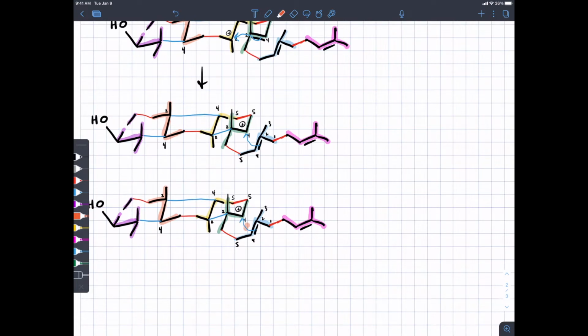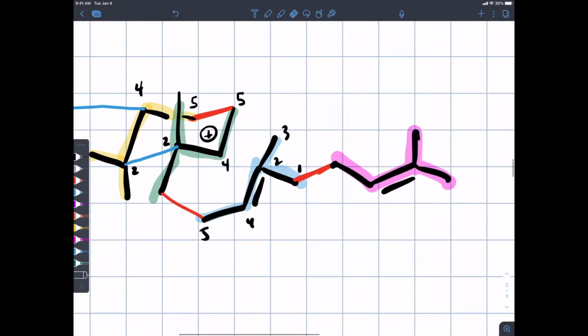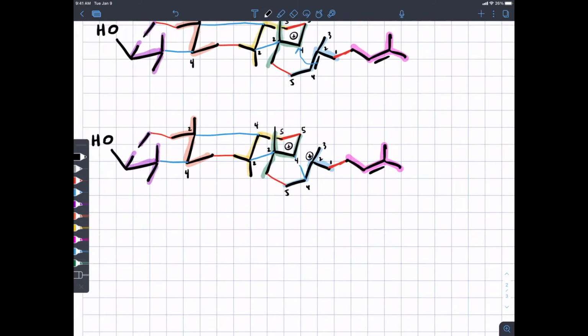That's going to give us a 5-membered ring here with a positive charge on the more stable blue 2. So here are the 4 carbon-carbon bonds we just made. And I got to get rid of that positive charge, sorry. And I also need to draw this bond better.